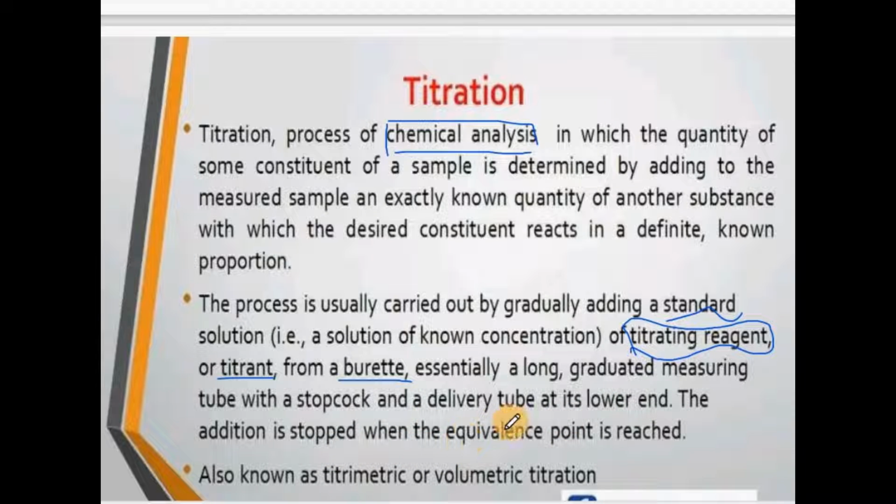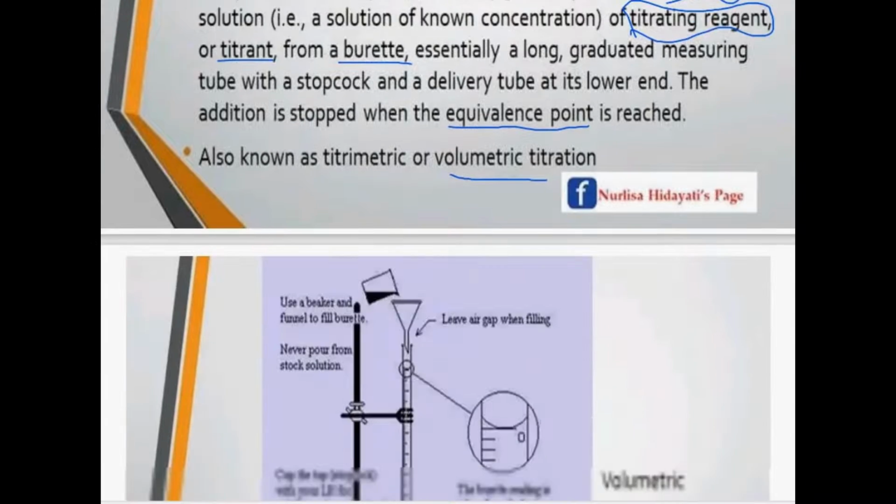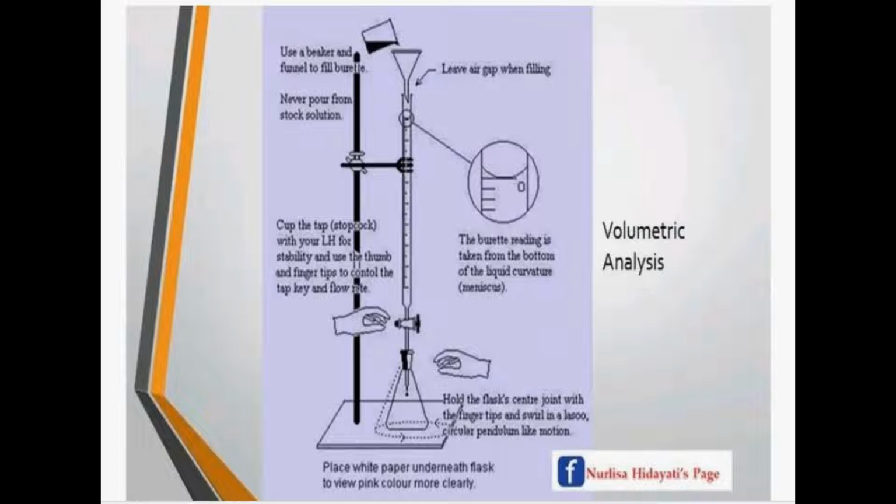We are going to look at the meaning of all these terms so we can better understand the principle behind titration. Now, because this principle uses volumes of two solutions, we can also call it a volumetric titration.